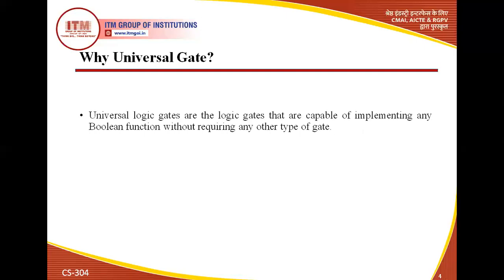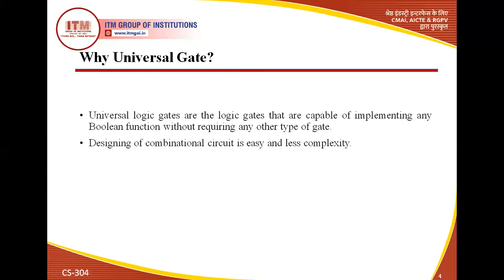Because we know that a universal logic gate is basically capable of implementing any Boolean function without requiring any other type of gate. It means that we can reduce the complexity of the Boolean expression, and we can also design any type of logic gate with the help of universal gates.